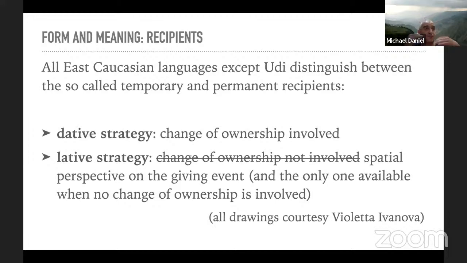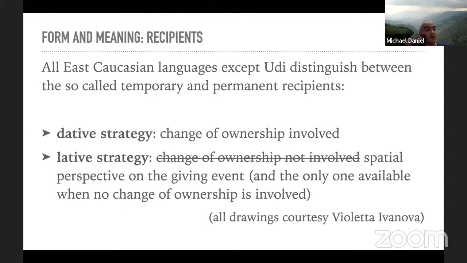It's not that we were conveying the information whether the possessor is temporary or permanent, but we were just saying that there is some contiguity between the human landmark and the object that he has with him, and that he can use this object. In the same way here, even though sometimes the object is given for good, not the dative but lative strategy may be used because a spatial perspective on the giving event may be taken.